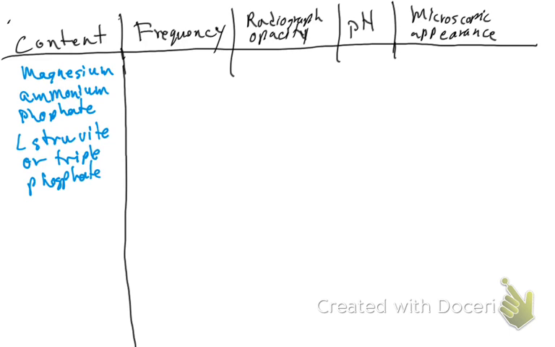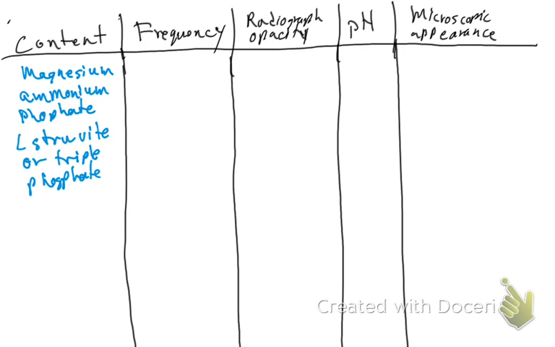The frequency of this one is not as common as calcium, but it's still about a quarter of the population, or a little bit less. So the frequency is going to be 15%. The radiograph opacity is going to be high, but not as high as the calcium one.